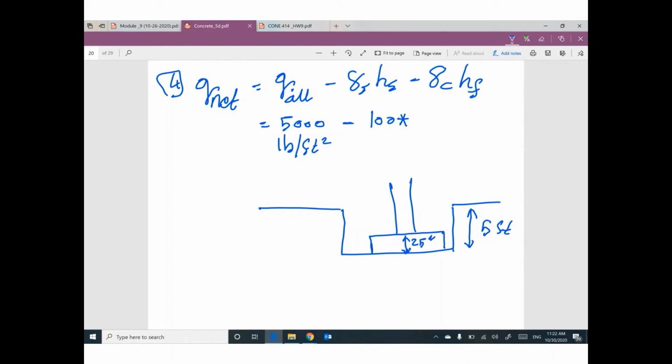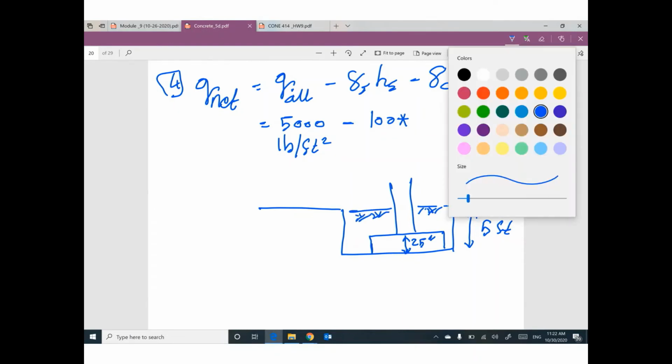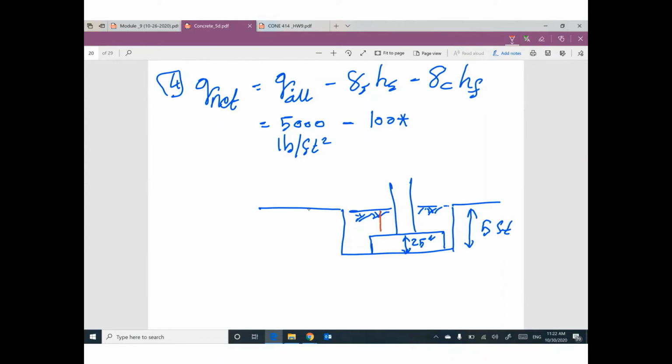Then I will put the fill. So can you tell me what is the depth of the soil above the footing? Yes, I can. 5 feet minus 25 divide 12. Make sure your units are consistent. 2.9167.